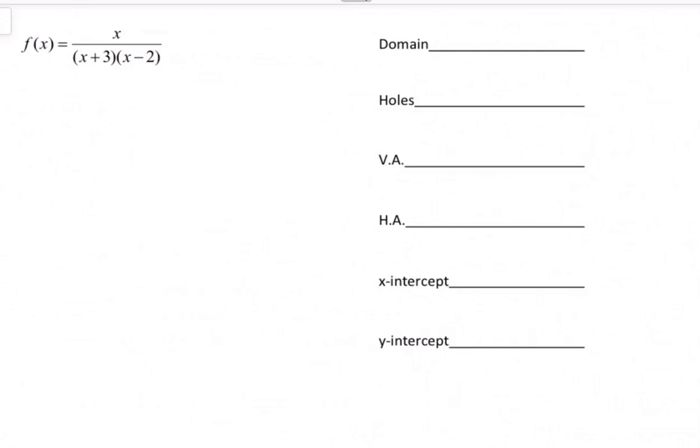So we're going to start by finding all that information again. So the domain, I look at my denominator, and x cannot be -3 and x cannot be 2. For the holes, I do not see from top to bottom that there are any common factors with the numerator and the denominator.